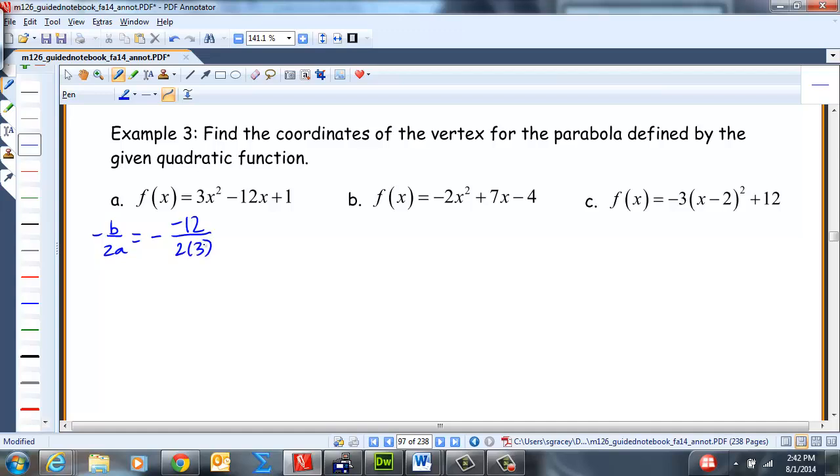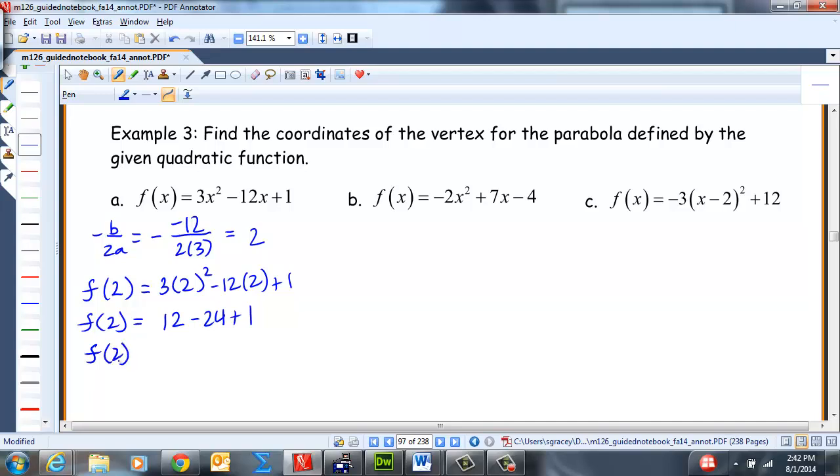So when you do the algebra, you end up getting +2. Evaluating the function at 2, we get 3 times 2 squared minus 12 times 2 plus 1. So f at 2 is, what's that going to be? 12 minus 24 plus 1. So f at 2 is -11.